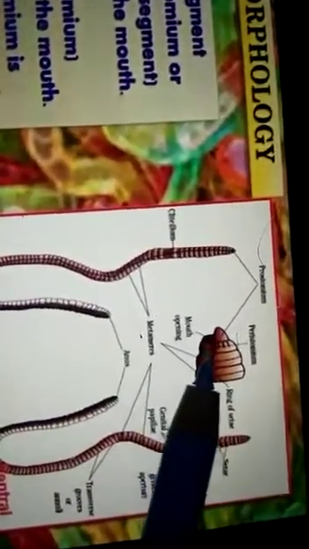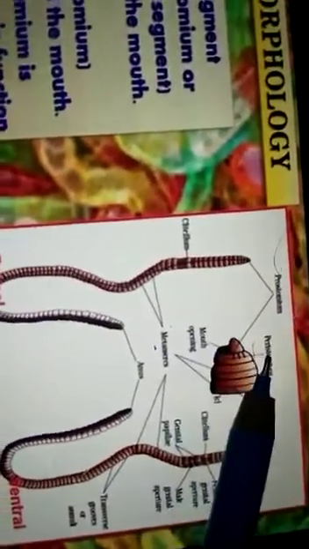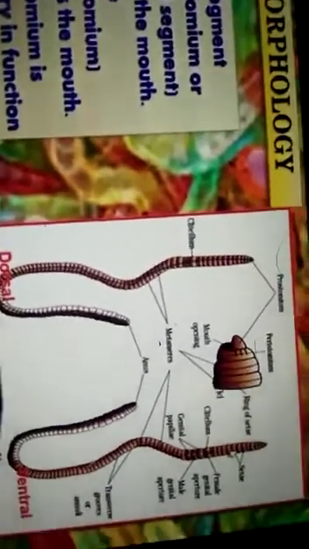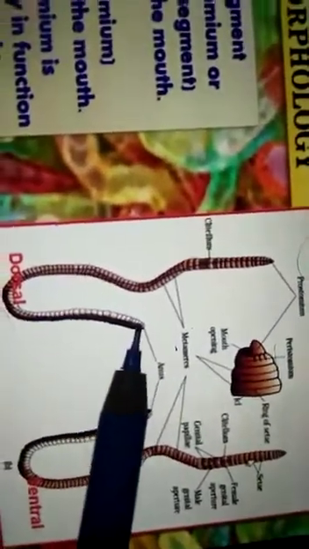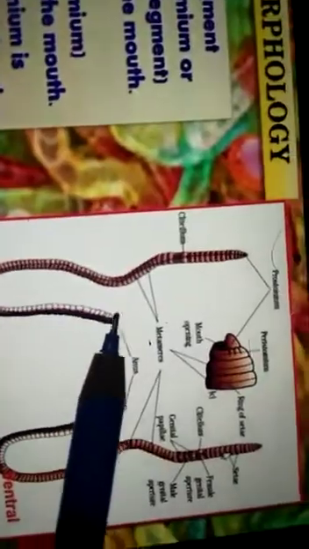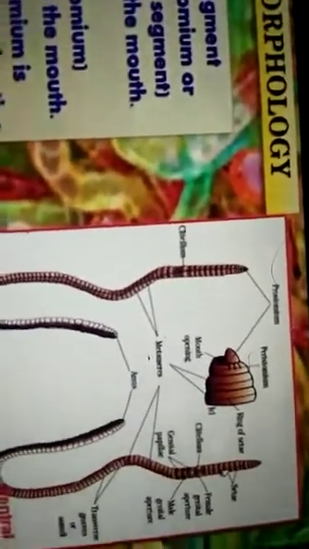The first segment is the peristomium. The last segment has the anus, called the pygidium.